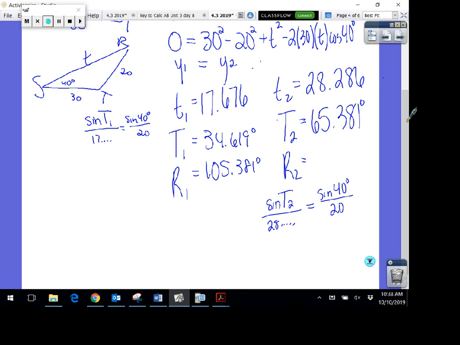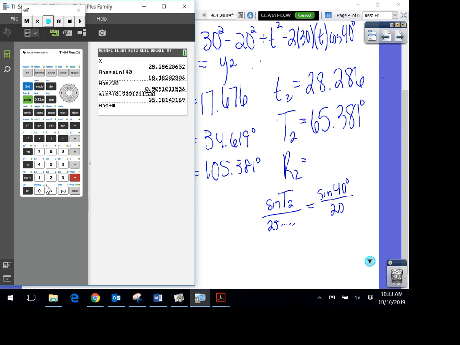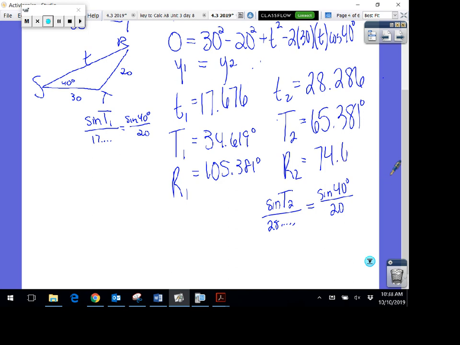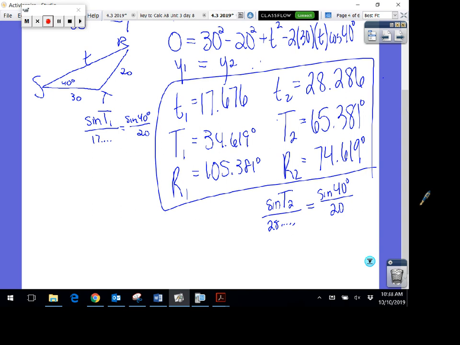And with that original, we had plus 40 equals, subtract from 180, 74.619. And there are all of your answers. If you miss one of those, that is half the problem. Okay, you have to be very careful on these.